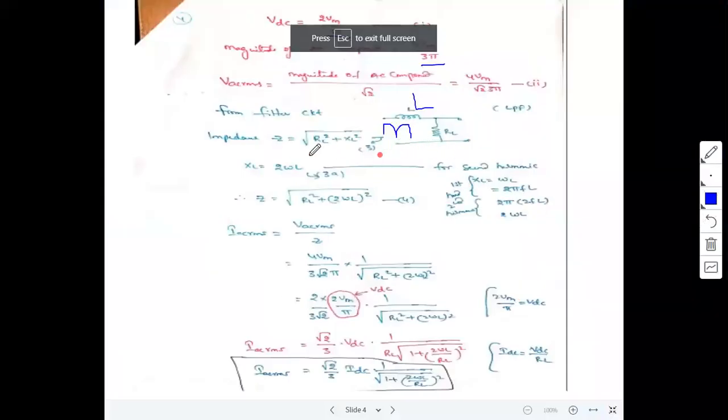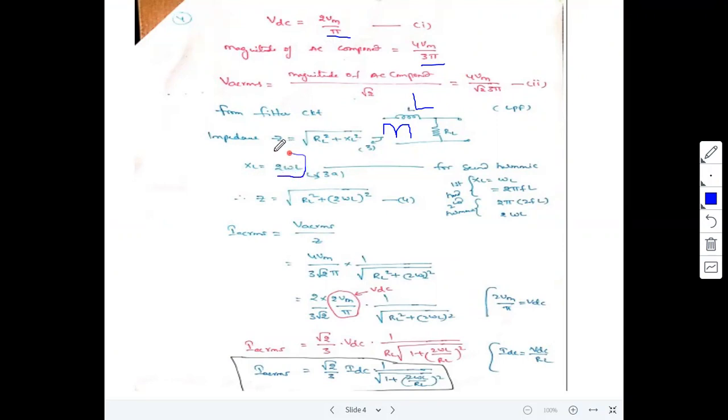The total impedance of the circuit is Z equal to under root RL square plus XL square, that is the complex impedance. Here XL is equal to not omega L, but 2 omega L, because we are considering the second harmonic. We already know the concept of harmonics from signals and systems.